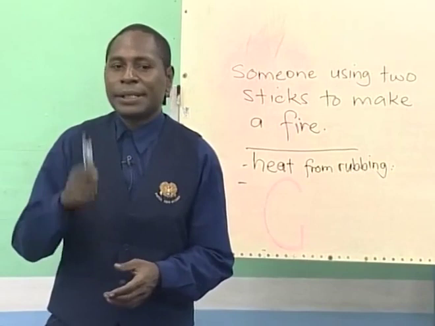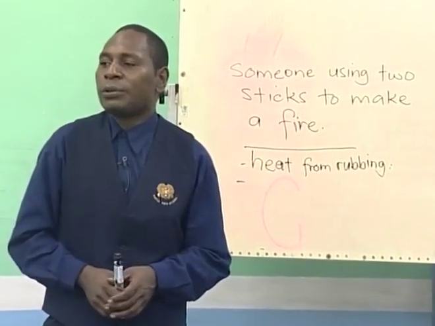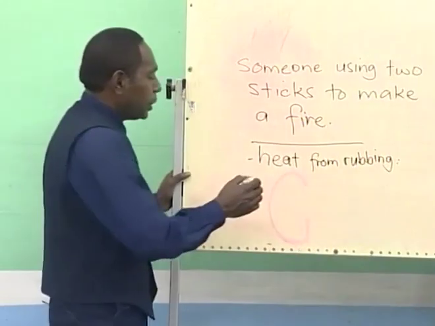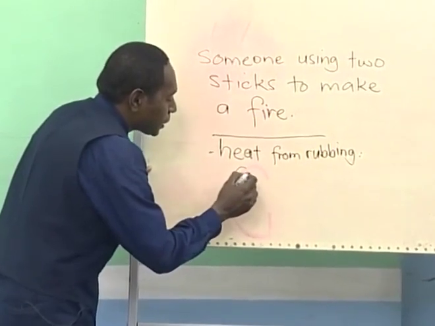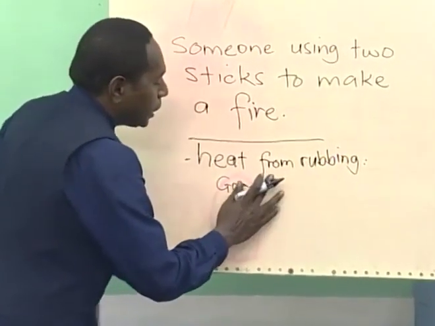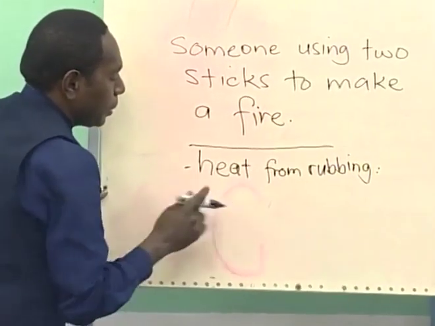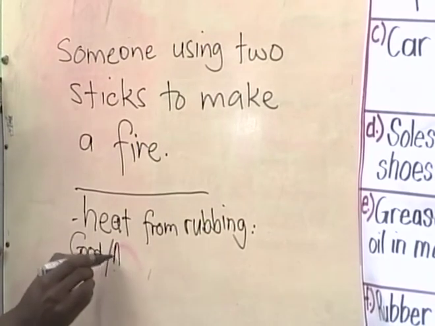Now, one bad thing. It can harm your body. Harm the body. Okay, so heat from rubbing. Good thing about it is, a good thing is also called an advantage.